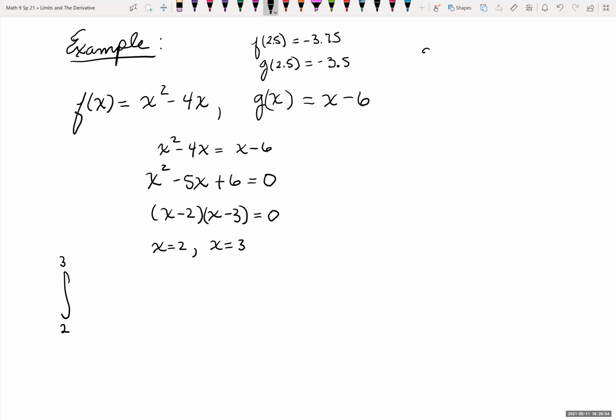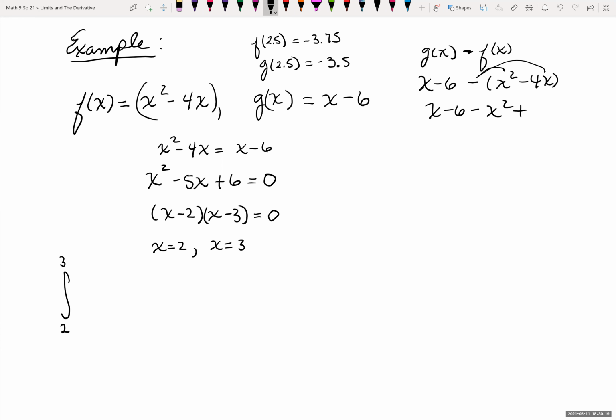So we need to look at g of x minus our f of x function. We need to make sure that we're distributing the negative to each term in f of x. So we have x minus 6, distributing a negative to this x squared minus 4x. So you get x minus 6 minus x squared plus 4x.